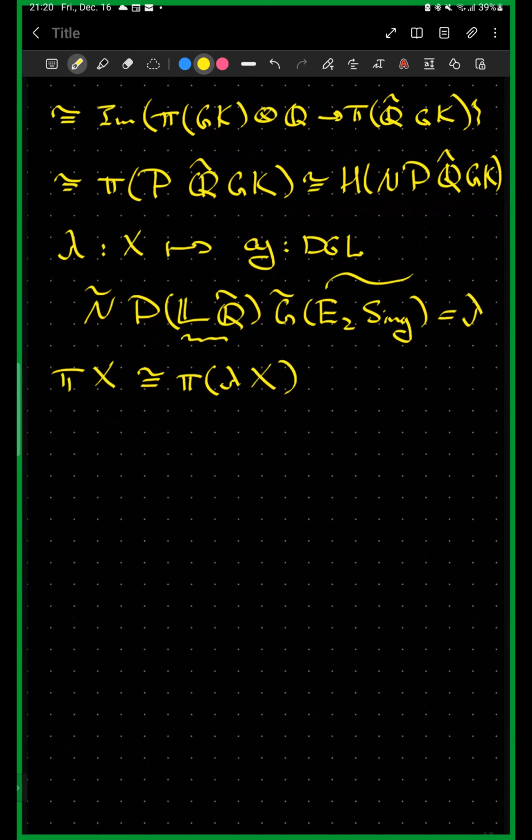And similarly, one can show that if we take this algebraic model one step further, we will get something which preserves the whole product on homology.